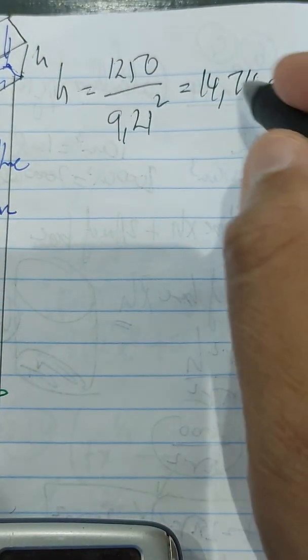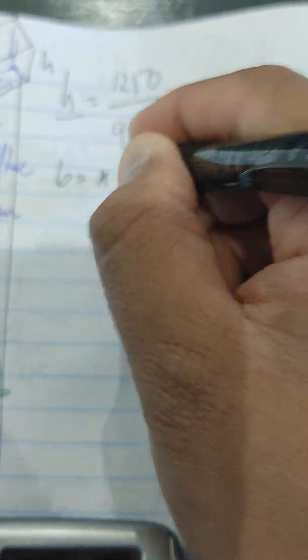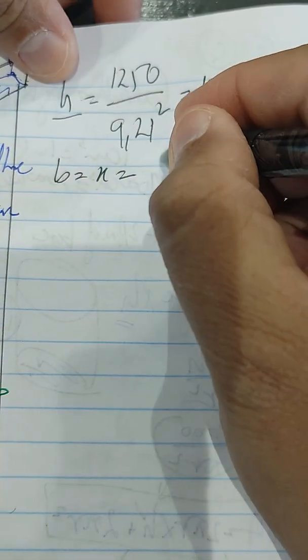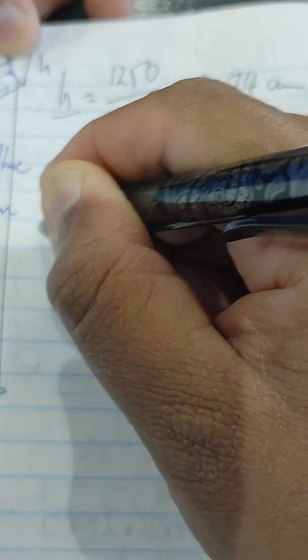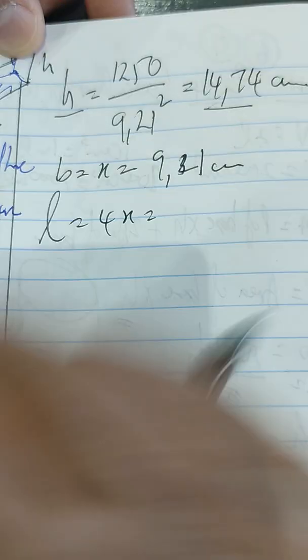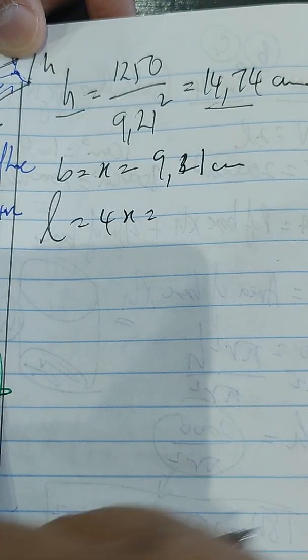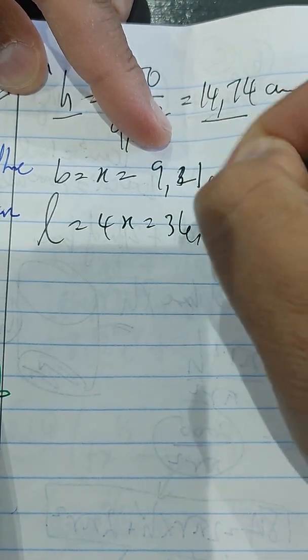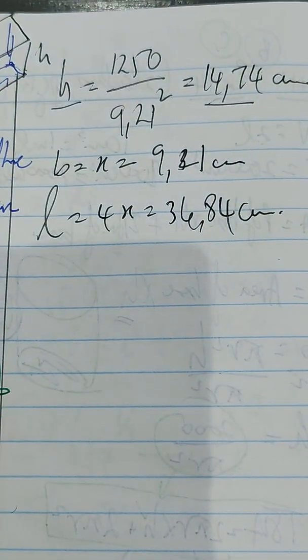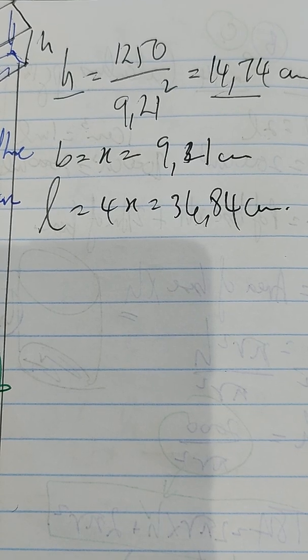So the dimensions are your height, 14.74; your breadth, which is x, which comes in at 9.21; and then your length is 4 times x, 9.21 times 4, which gives us 36.84 centimeters.